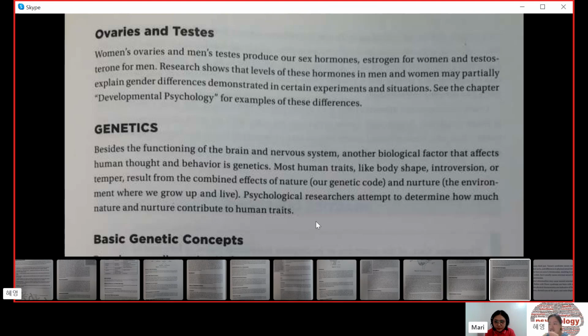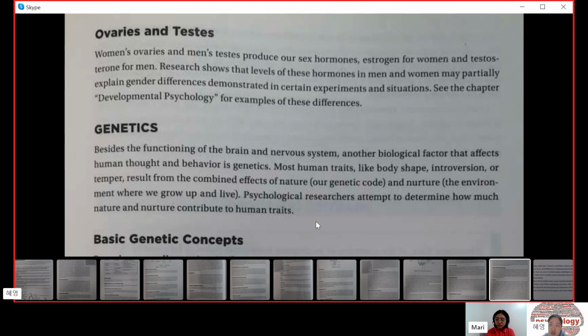So there are gay and transgender people. Some psychologists say maybe their hormones are just imbalanced, because these hormones make women more feminine and make men more masculine.